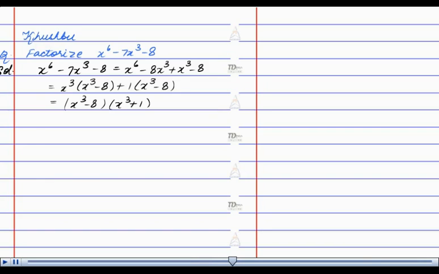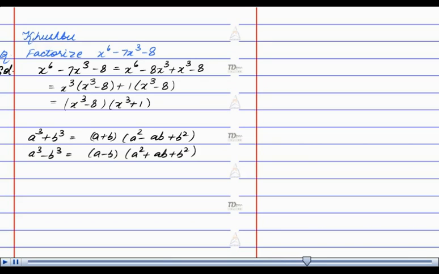Now we know that a cube plus b cube is equal to (a plus b) into (a square minus ab plus b square), and a cube minus b cube is equal to (a minus b) into (a square plus ab plus b square).